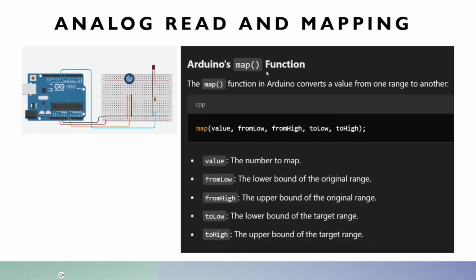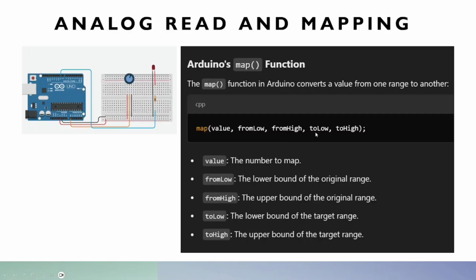Now that's how the map function looks. Map, then the value we have to map, then the lower value of the original range, which is coming from the potentiometer, and the higher value of the potentiometer.